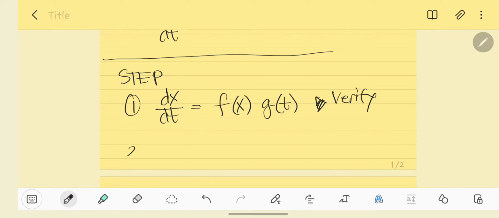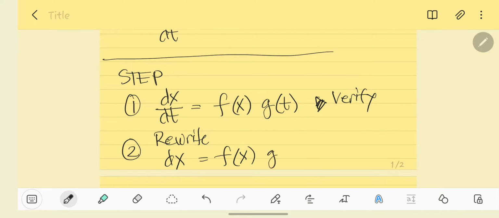And then next step is you rewrite the equation into the form of dx is equals to function of x times function of t dt.